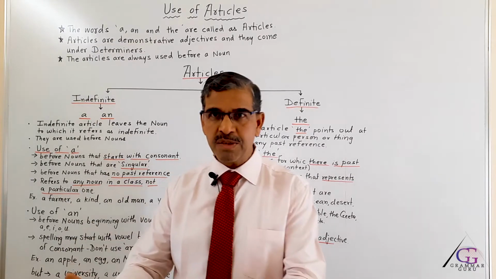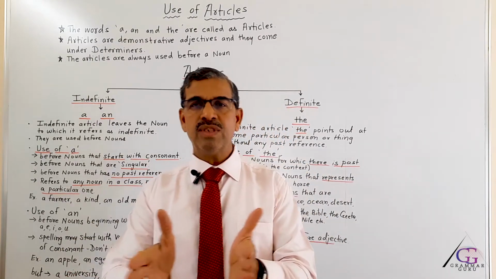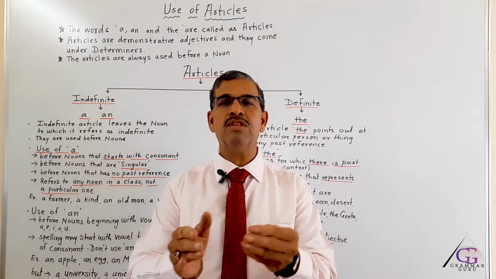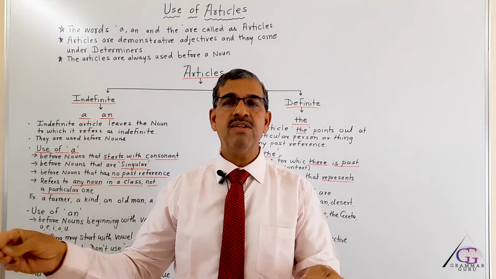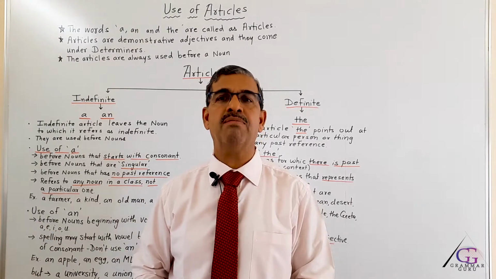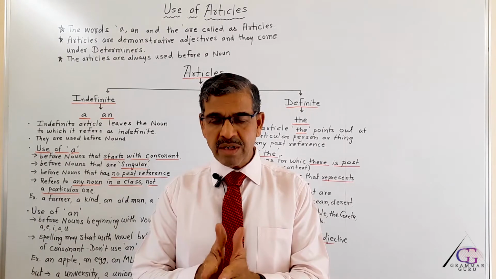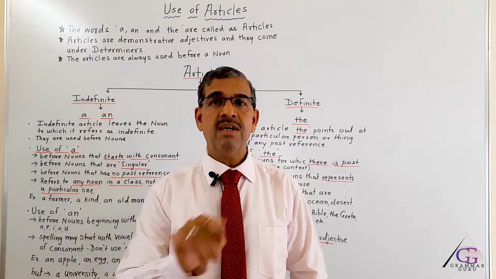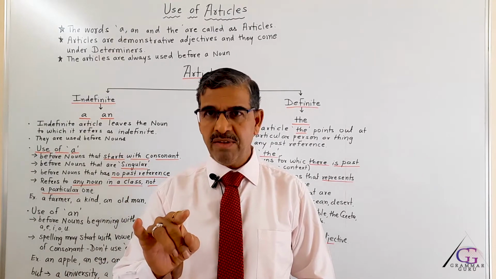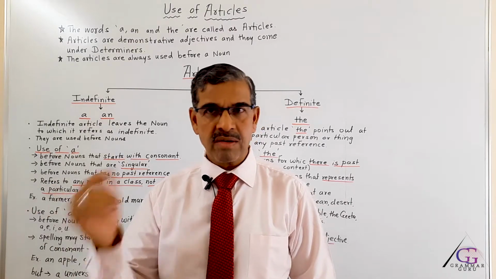The noun is more important. Whenever there is a question related to articles, it is mostly in the form of gap filling or fill in the blanks, or they give you three options and we have to choose the correct one before a noun. So make sure that you find the noun, and based on that noun we decide whether we will use a, an or the.